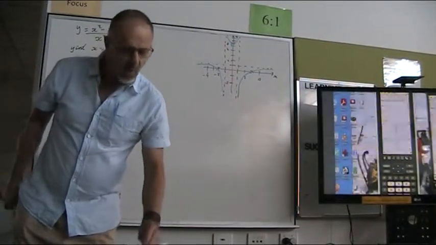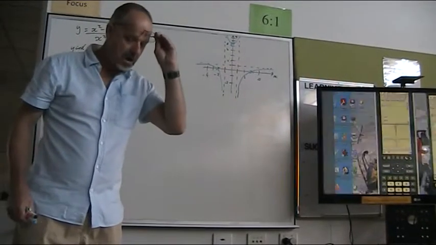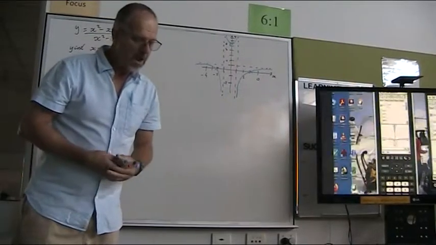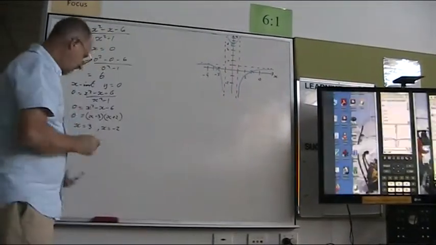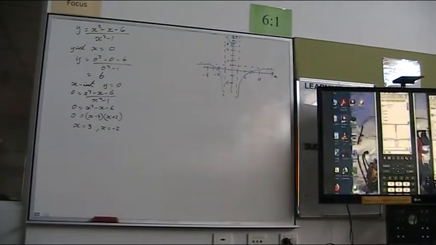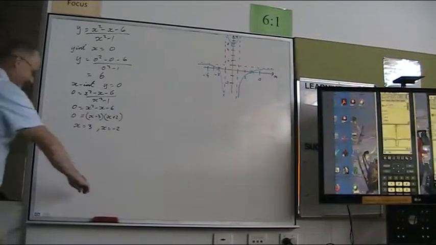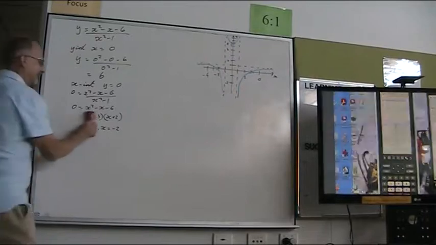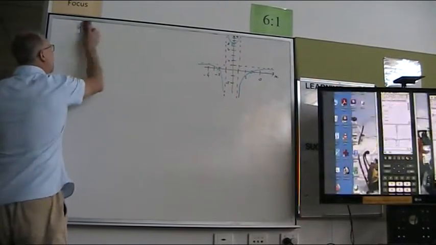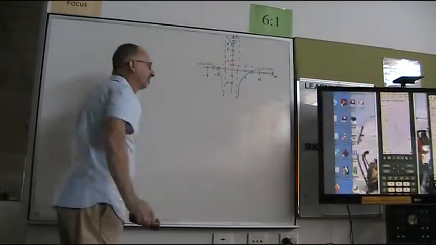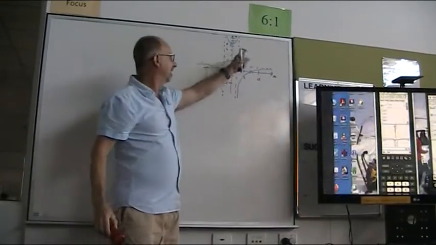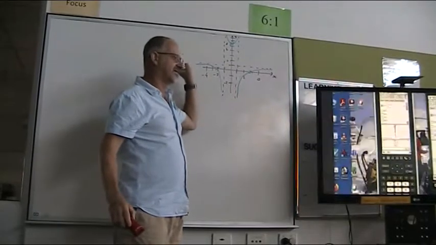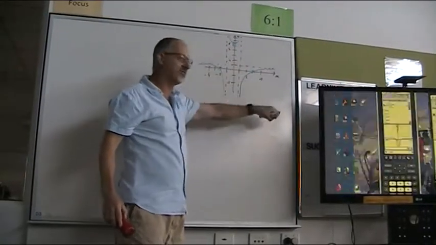I've got a couple more. All right, this one's very interesting. Now, sometimes, so here we had asymptotes kind of everywhere. Sometimes asymptotes don't necessarily apply across the whole graph.